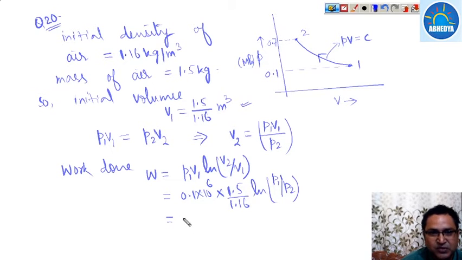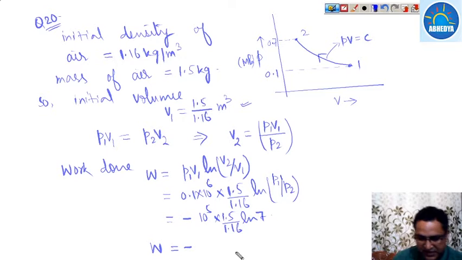So this value comes to be negative, minus 10 raised to the power 5 into 1.5 upon 1.16 ln 7.